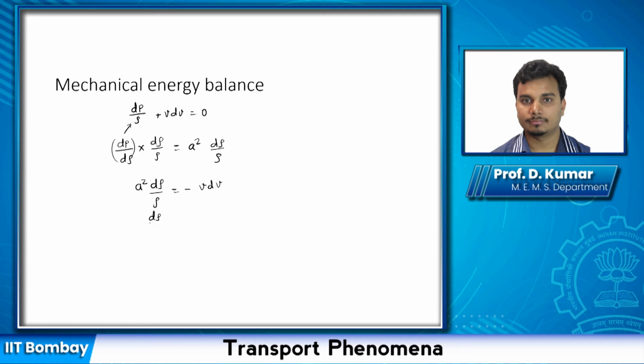So d rho by rho is minus V by a squared dV. If we multiply and divide this by V, V squared by a squared is essentially Mach squared. So this is minus M squared dV by V.